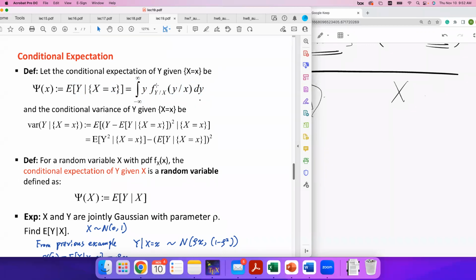So in the end, this entire conditional expectation is a function of small x, of your realization x. That's why we write this conditional expectation as phi of x. It's a function of the realization of x.